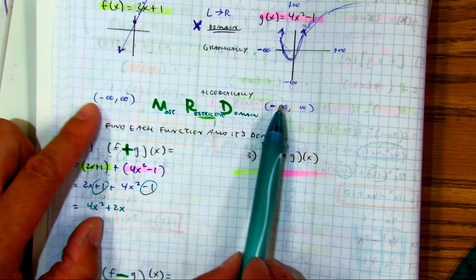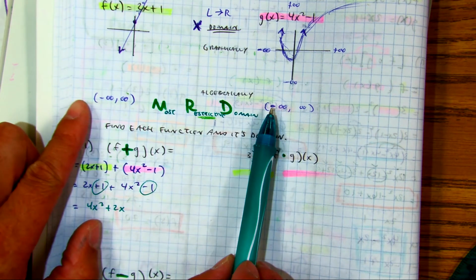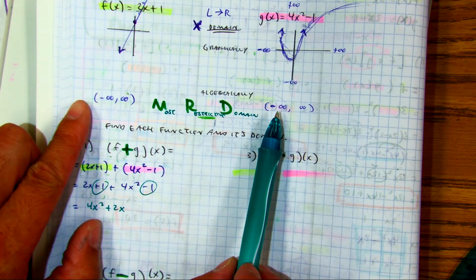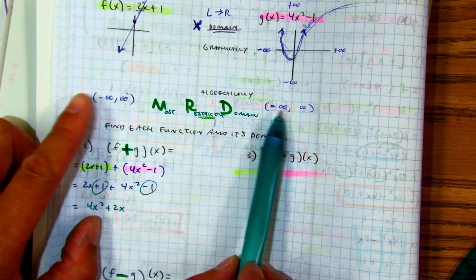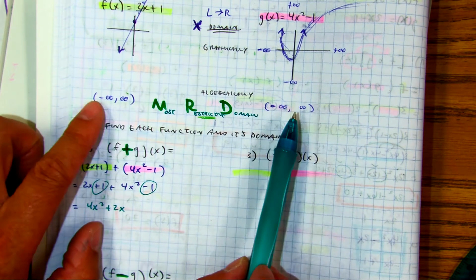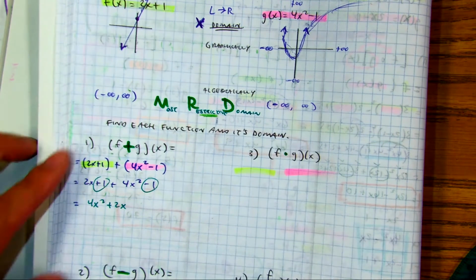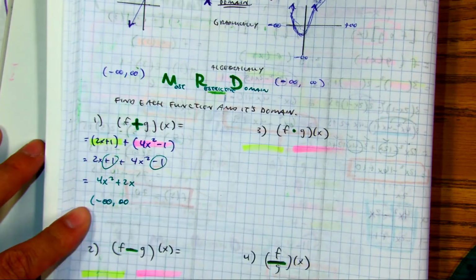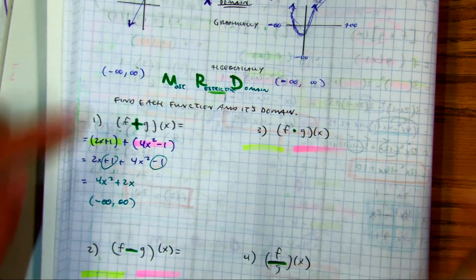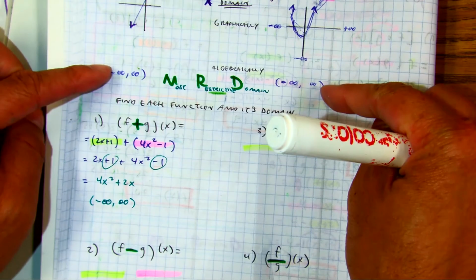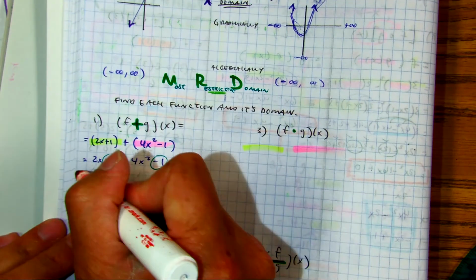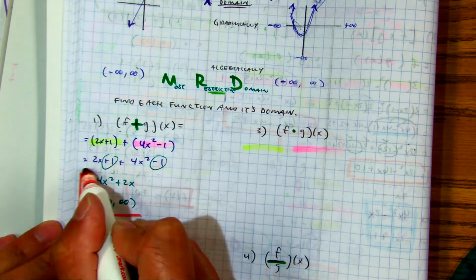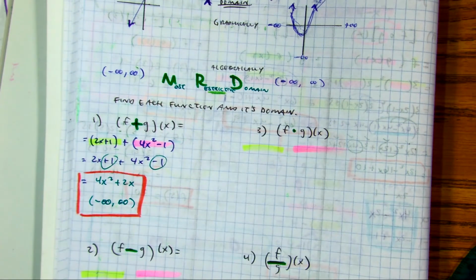They tell their kids they can do whatever they want. You can go anywhere to the negatives, you can go anywhere to the positives, you can go anywhere you want. So who's the most strict? No one. So I'm just looking at both of their domains, and I'm looking for the most restrictive, the most strict parent.